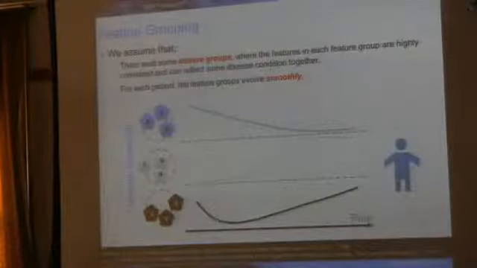And in order to do that, we first assume that for all those features, there exist some feature groups, where the features within each group are highly correlated, and they together can indicate some disease conditions. And we also assume that for each patient, the values of the feature groups evolve relatively smoothly, so we can impute according to their happening time.